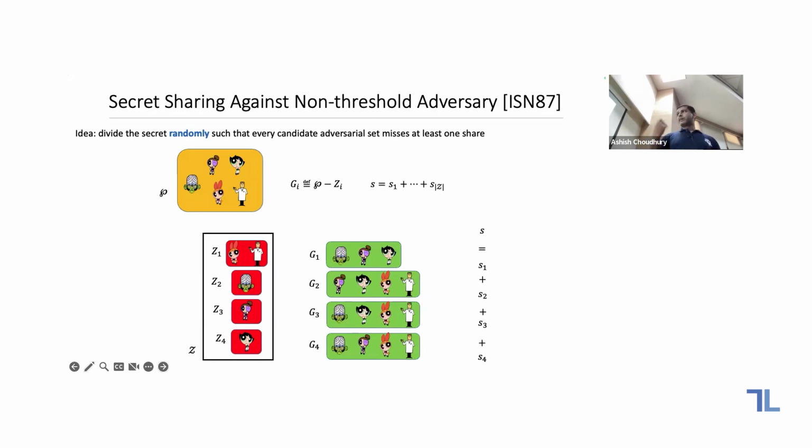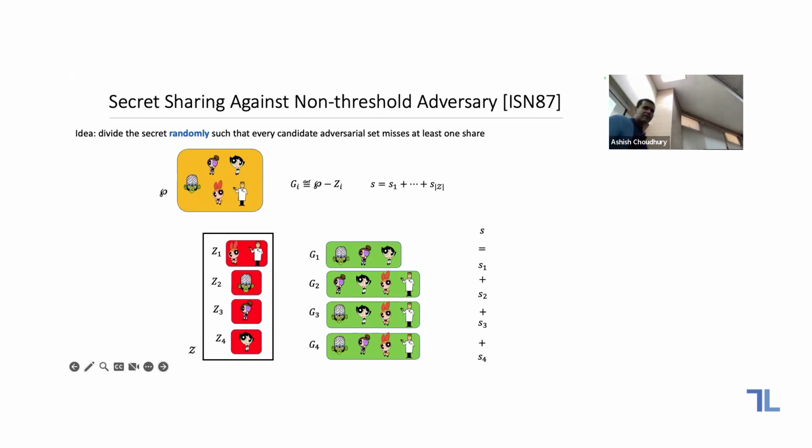Now, to secret share the value S, the dealer can pick some random shares which sum up to the secret, and the number of shares it has to pick is the same as the number of bad subsets here. The i-th piece will be given to the i-th green set. That means the i-th share will not be given to the i-th bad subset.